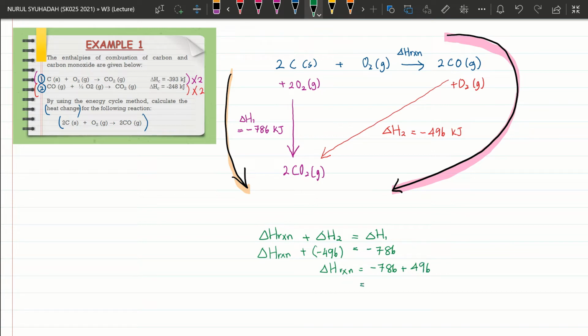So the delta H reaction for this question will be negative 290 kilojoule per mole. Again, please make sure that you put kilojoule per mole as the final answer.